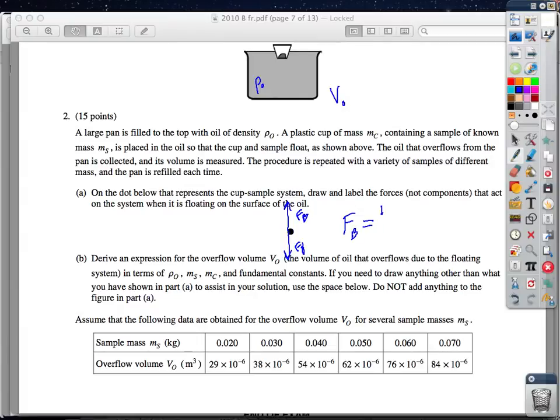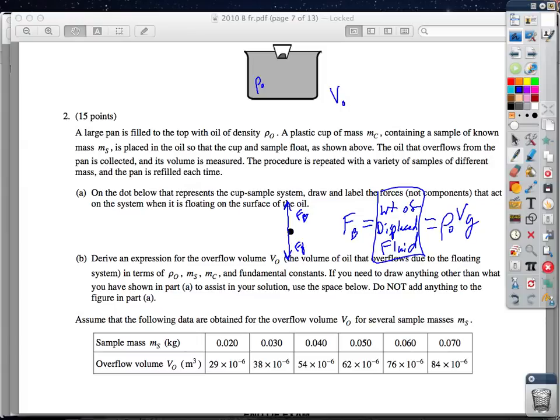In general, it is the weight of the displaced fluid, and that's where we get rho V g. So now we just have to solve that for V. Does that make sense? It's key to know that definition.